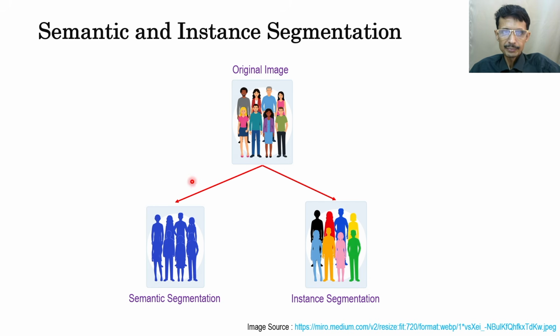In semantic segmentation, you can see that these are humans, so they are semantically similar, and every pixel of a human is marked. But in instance segmentation, every human is not only selected, they are precisely said to be different humans. So this is the instance object. This is called instance segmentation.